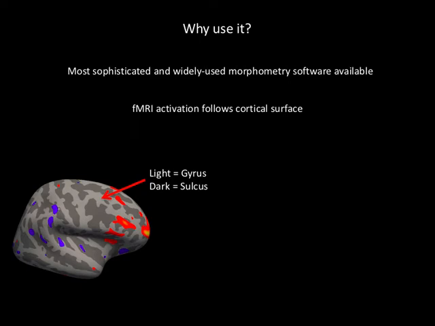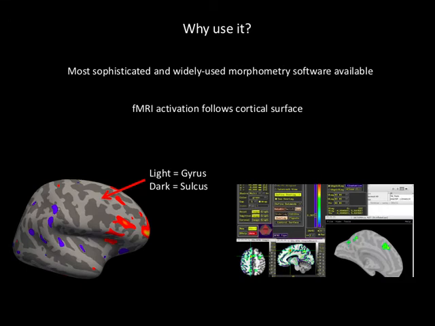It's not going to be bridging gaps. It is kind of a misrepresentation when you look at it from a voxel because you can't tell exactly where it lies on the surface. And FreeSurfer does allow you to do that. And along with that, you can also integrate this with different packages like AFNI's SUMA.